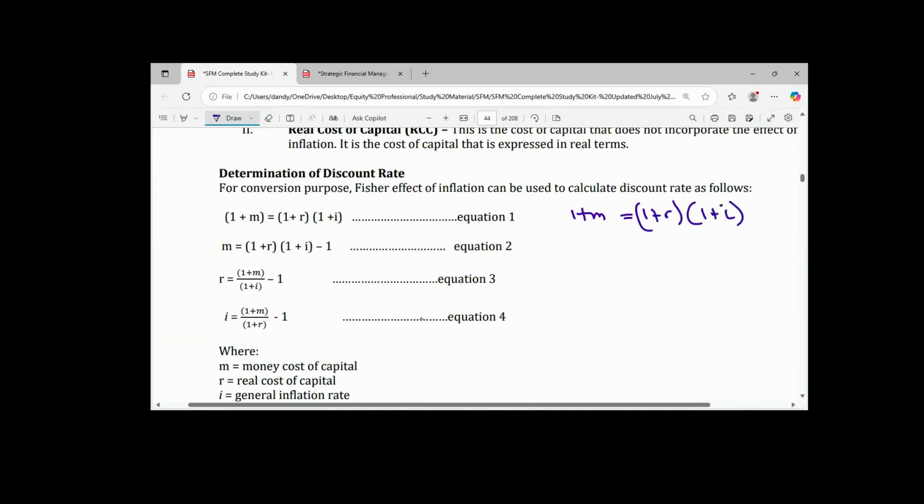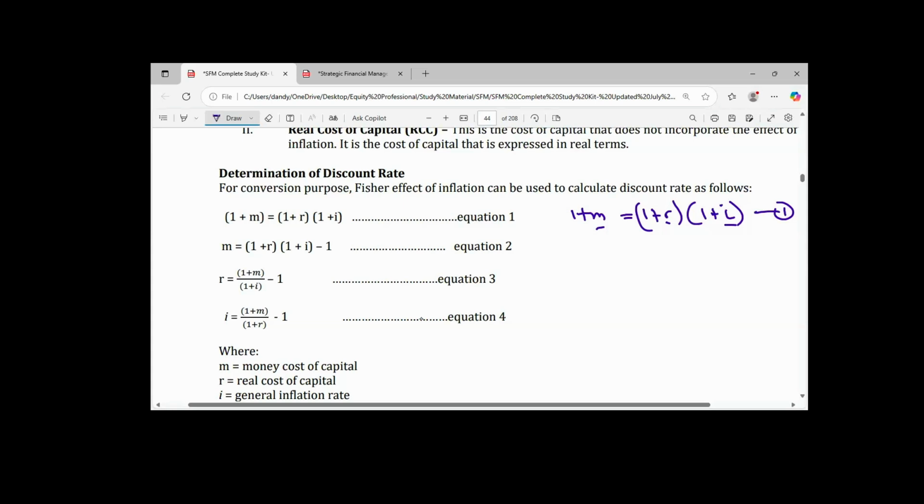This is the original formula from Professor Fisher. So m is the money cost of capital, r is the real cost of capital, and i is the general inflation rate. If in a question you are given the real cost of capital and you want to convert it to money cost of capital, this is the formula you are going to use.